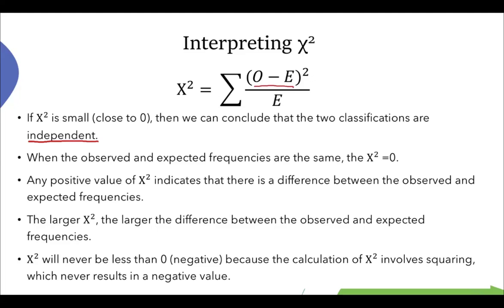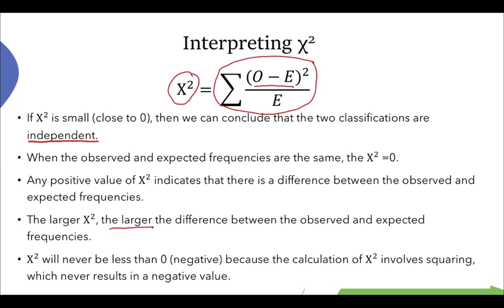But if there is a large difference, that subtraction is going to be pretty great. And eventually, when you do that over many cells that have big differences, you're going to get a larger chi-square value. So the larger chi-square, the larger the difference between the observed and expected frequencies.